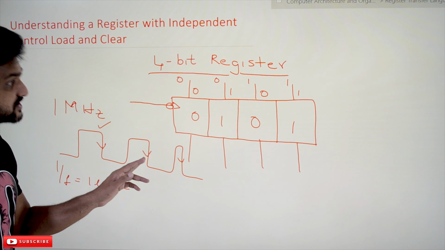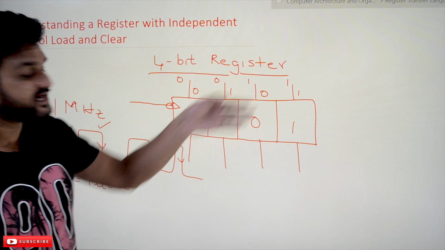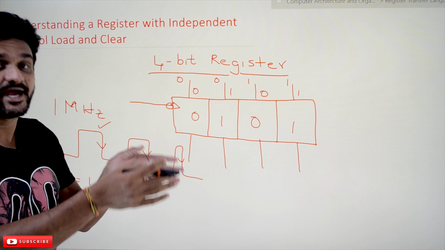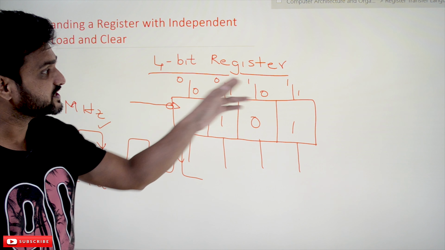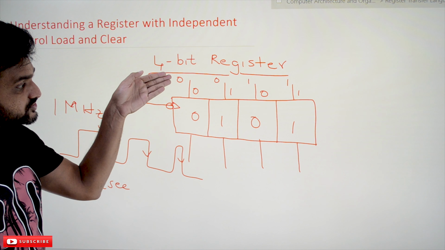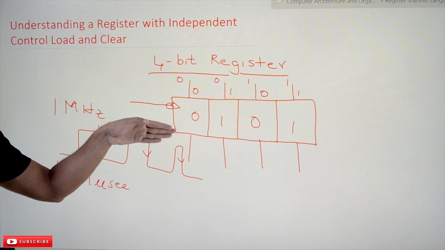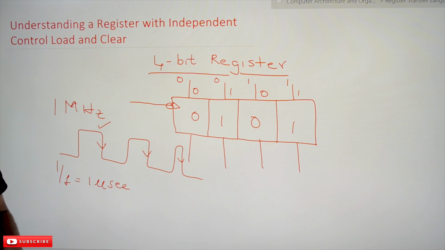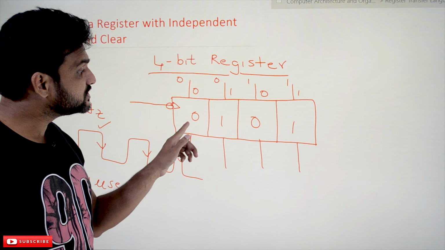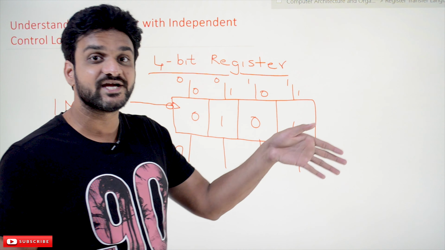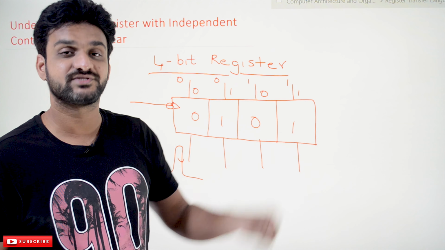Now in the next clock cycle, the input that is waiting at the register's input, at the flip-flops' inputs, will get stored onto this register. But the problem is I want this value to be held for 100 microseconds.